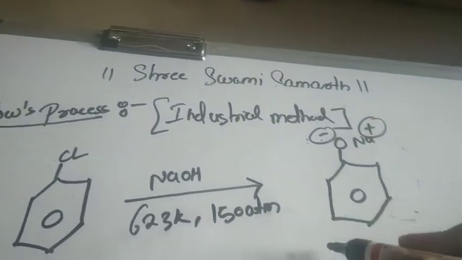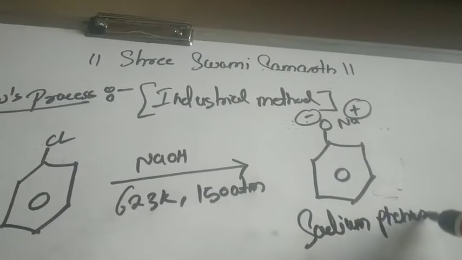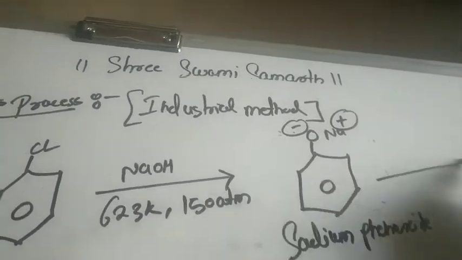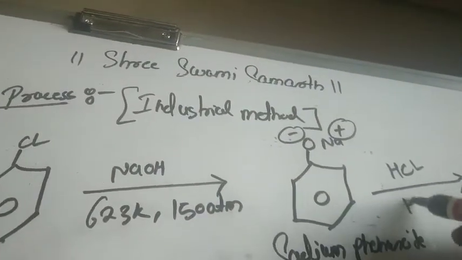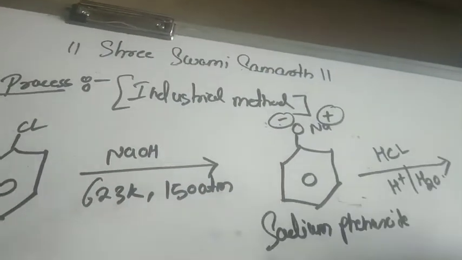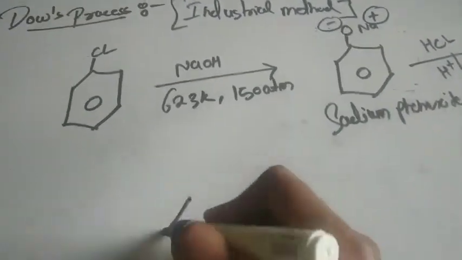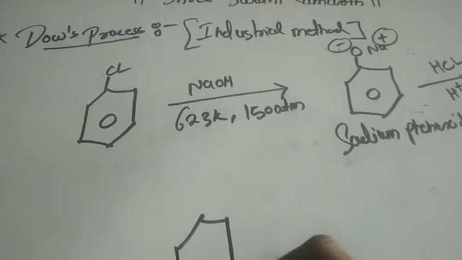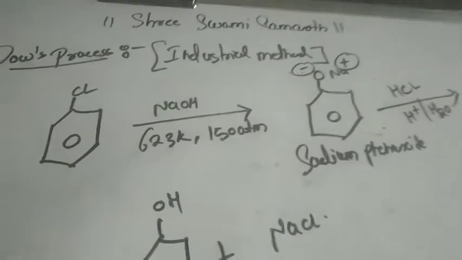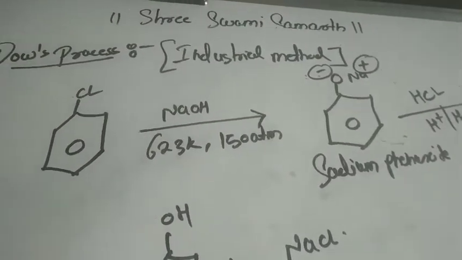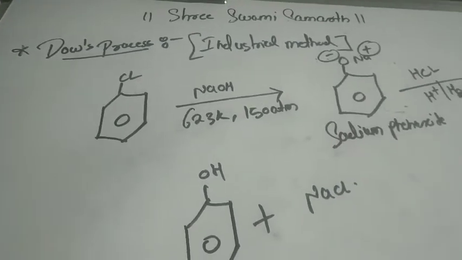This is the first step. What is the name? Sodium phenoxide. Okay, then next step, इसका HCl के साथ reaction, H plus H2O acidic medium, acidification होगा and we will get the product as phenol. ये OH हो जाएगा और NaCl will be eliminated from the reaction. So this is the Dow's process of preparation of phenol, right?